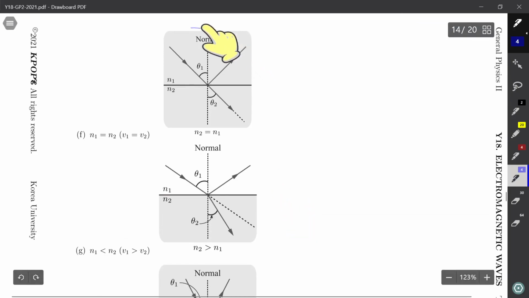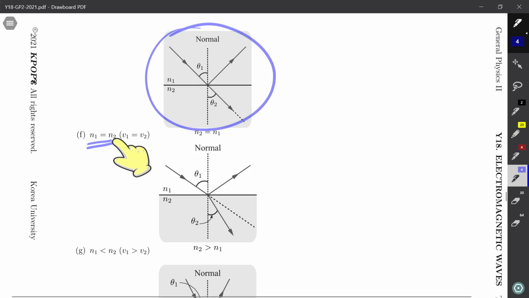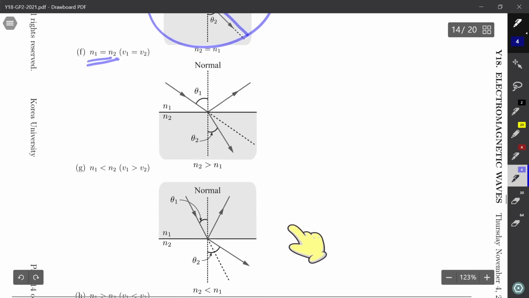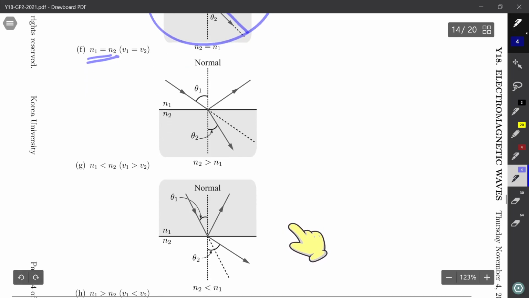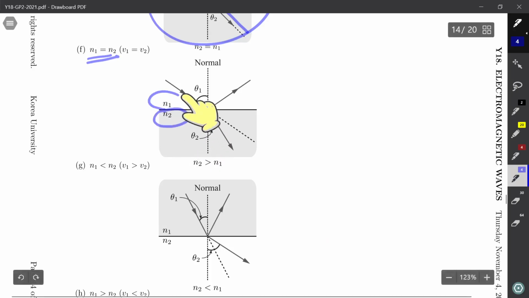When the medium is the same, N1 and N2 index of refractions are the same, then the light does not deflect. When the index of refraction is greater than the index of refraction of the incident medium, then the angle decreases.